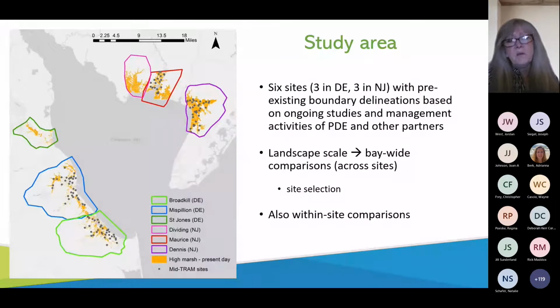You can see this case study was bay-wide. It really supported across-site comparisons, which might be relevant to, for example, site selection, decision-making. But in fact, it also supported substantial within-site comparisons.